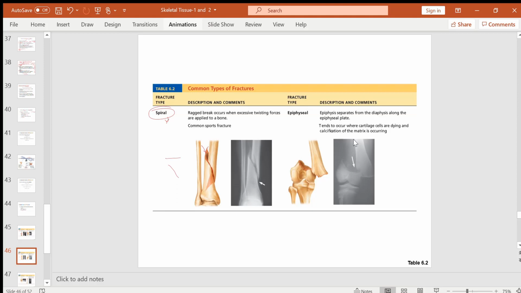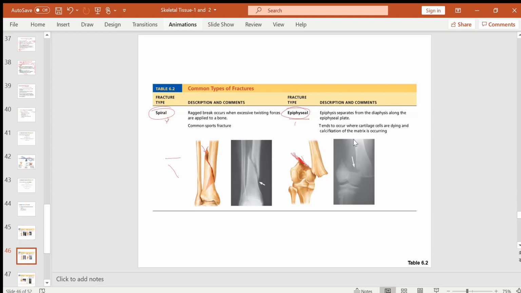Epiphyseal fracture, this one you already remember, that when the bone is formed from the cartilage, a thin plate of cartilage remains as the epiphyseal plate. Okay, so that is a weak point. So fracture occurs in that area, that is epiphyseal fracture.